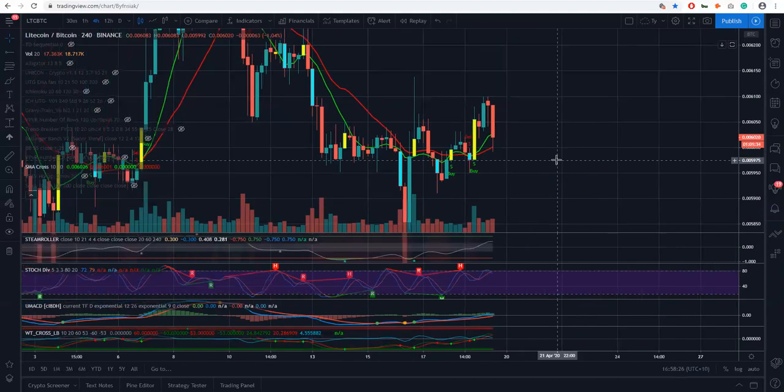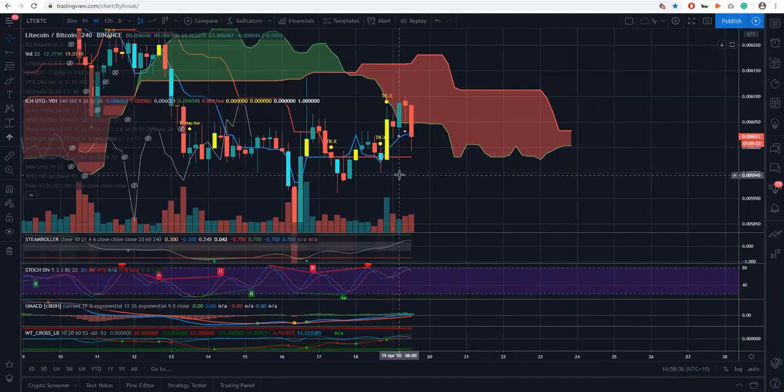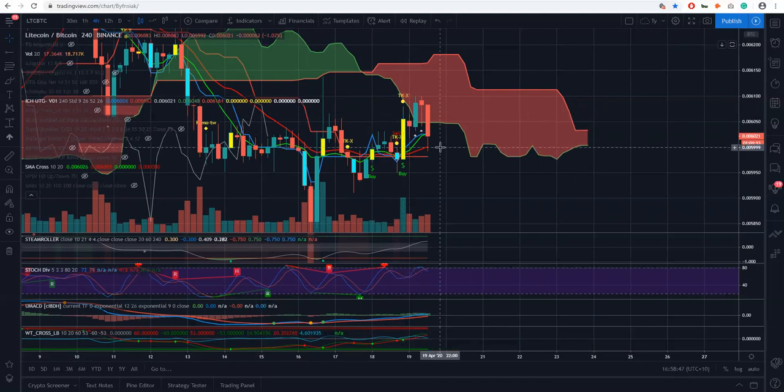Does it align with something like our Ichimoku? Well, it does, because looking at that, we've got a TK cross here as well. So that's very much telling us that we've got some confluence there of a potential move. We've got a TK cross. We got our SMA cross very shortly afterwards, which aligned very well with this nice little pump here.